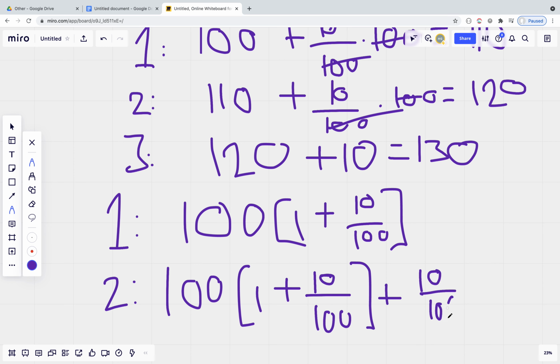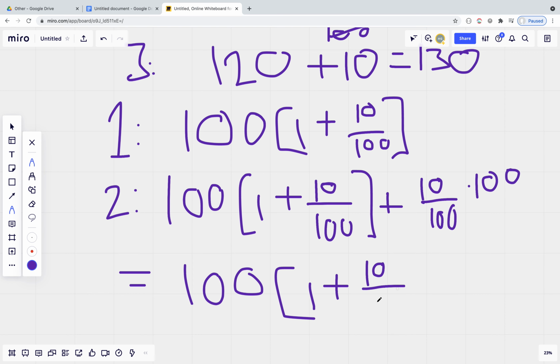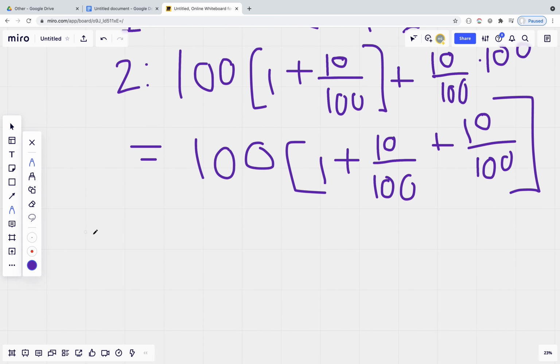And that is, we can take the 100 out, that's 1, add 10 over 100, add 10 over 100, okay? And for year 3, you can do exactly the same. So in year 3, you owe me, and I'm going to do it over here just to create more space, what you owe in year 2, right?